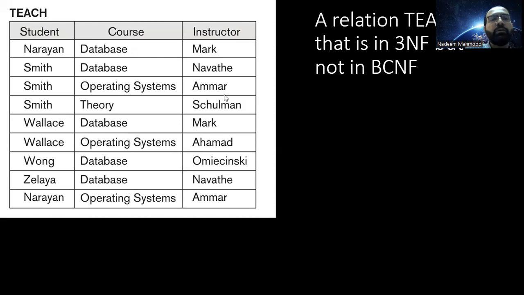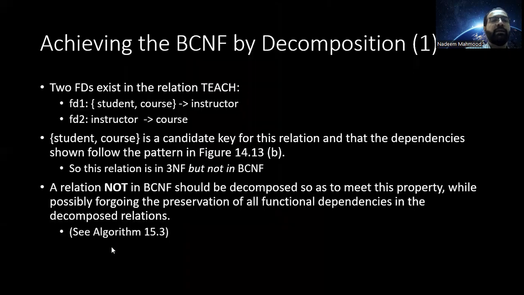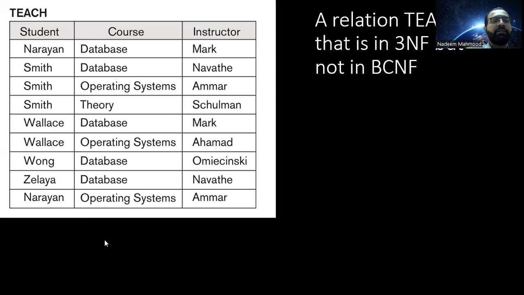Yes, we can do this. It means that dependency is here. So this follows the rule where A and B are the keys and C is the third attribute: A and B determine C and C determines B. The same thing is happening in this relation.